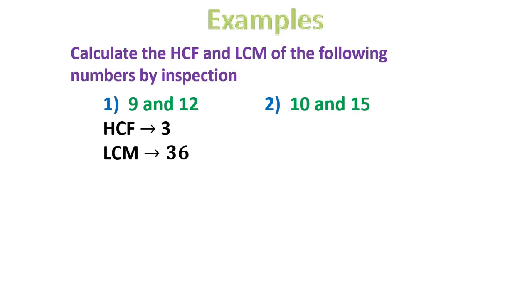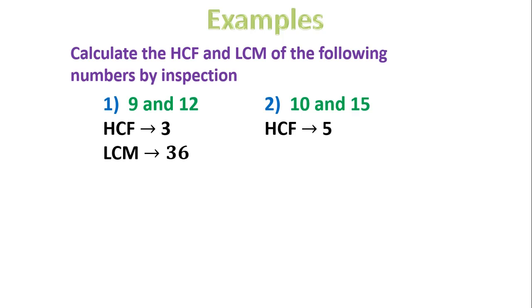We check 10. Does 10 go into 10? Yes, it does. Does 10 go into 15? No, it doesn't. So the highest common factor, the highest number that goes into both 10 and 15, is 5.